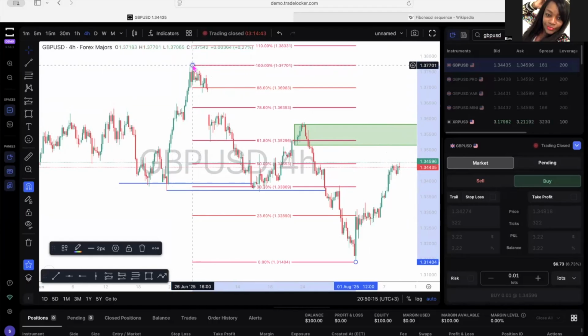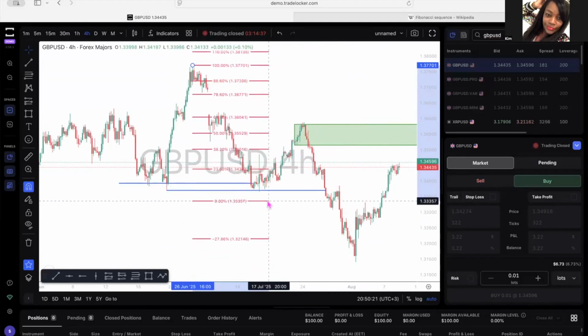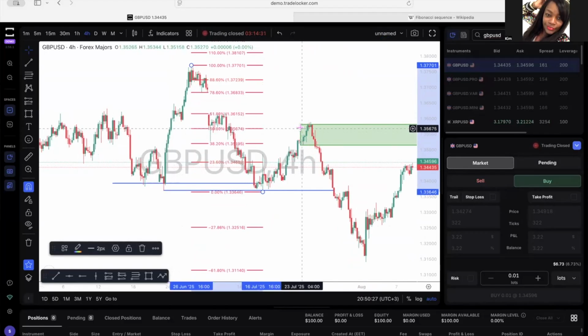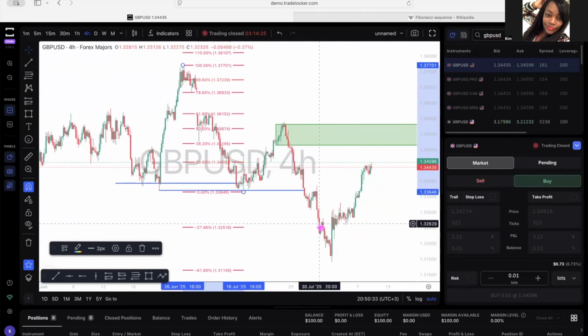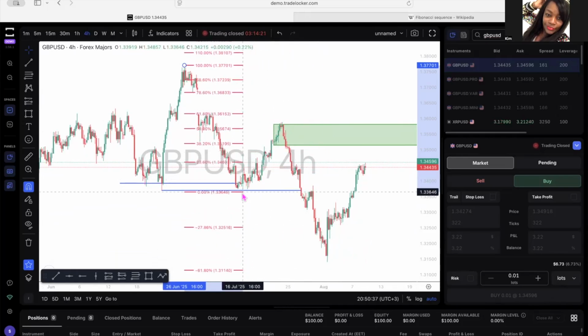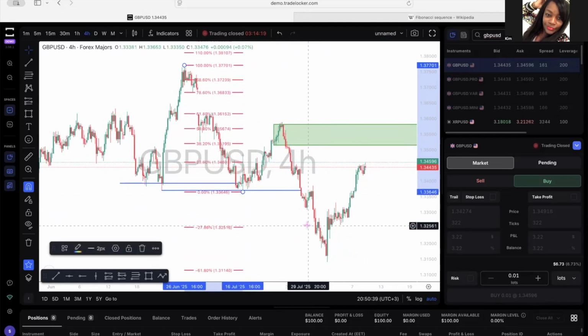If you trade like Todd, that means price broke here, came here, pulled back to the 50% and then sold, right? And then it sold to the negative 27.